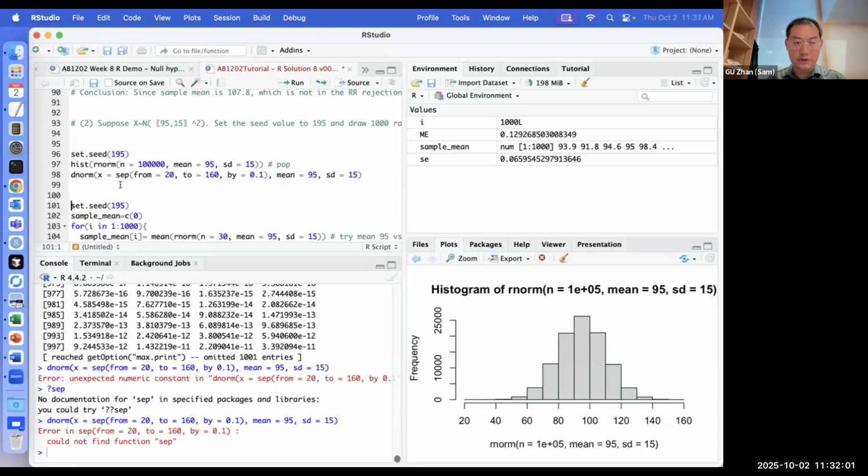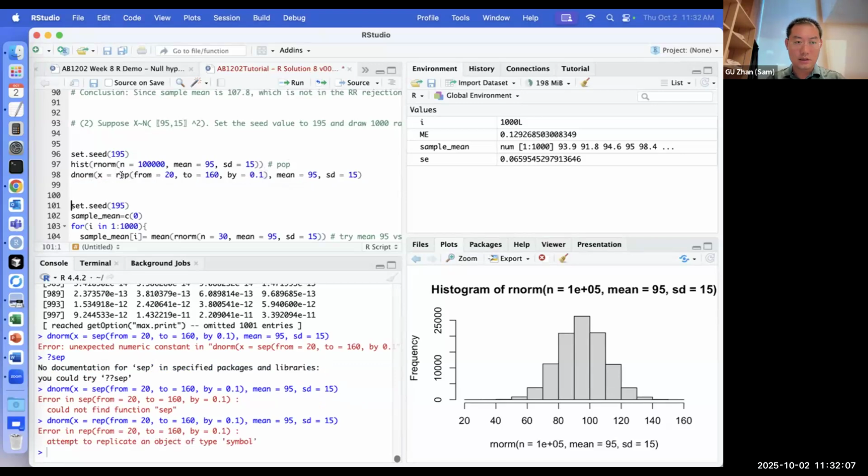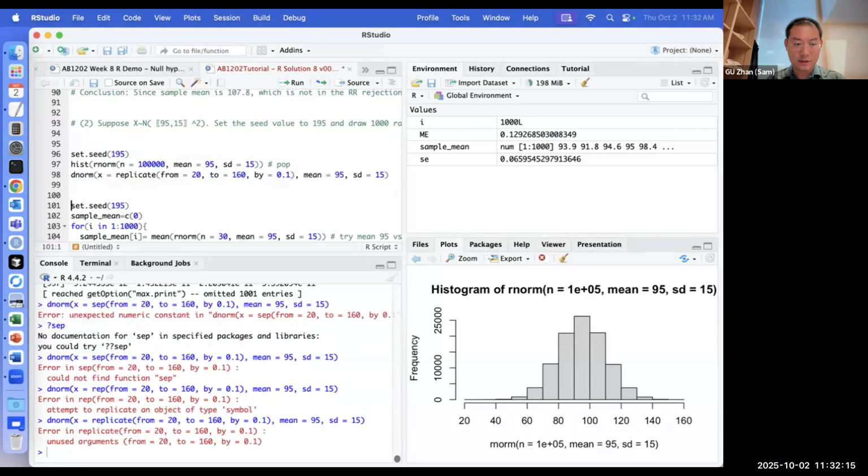Could not find function. Separate, or REP, replicate?